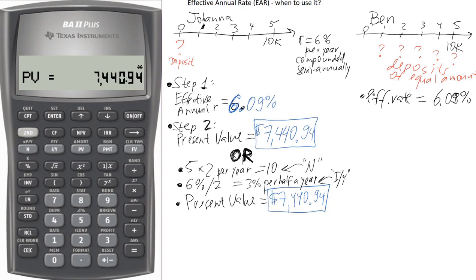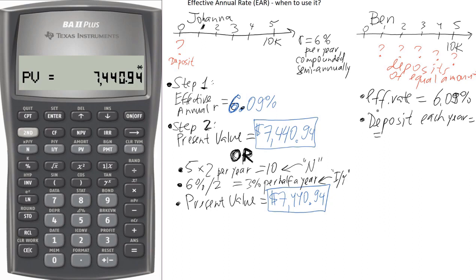So we know the effective rate, and now in the second step we want to calculate the deposit amount, right? The recurrent deposit amount each year. And this is basically solving for the annuity payment, right? When we know the annuity future value.